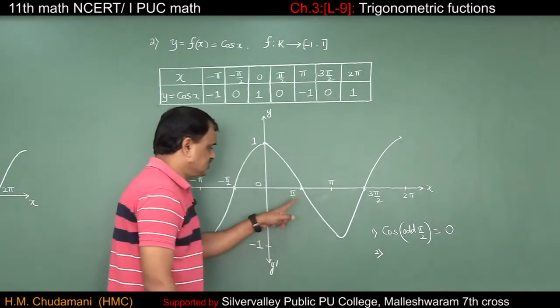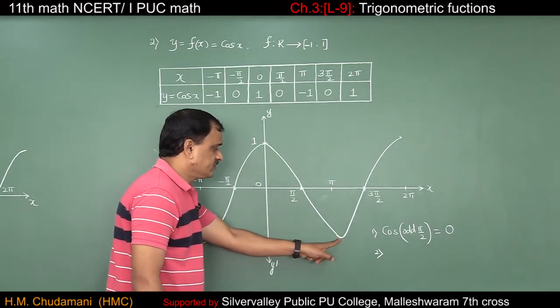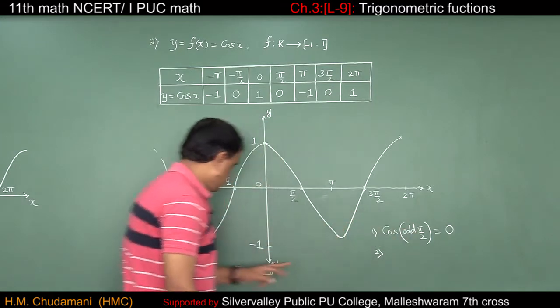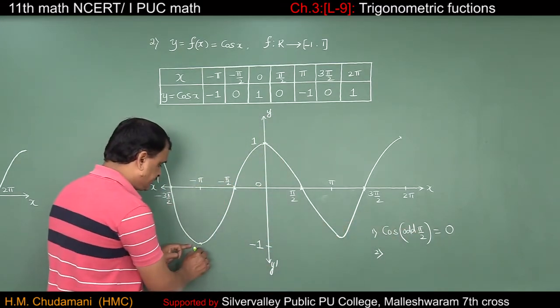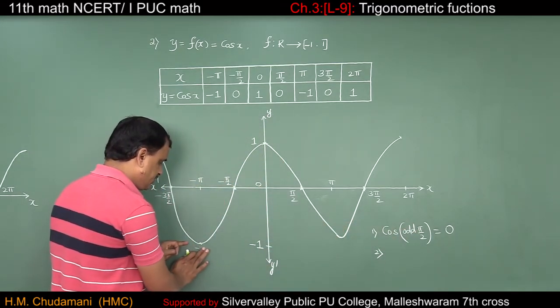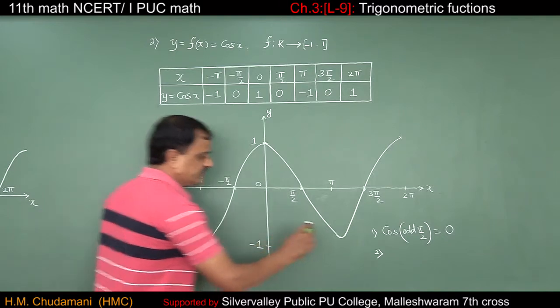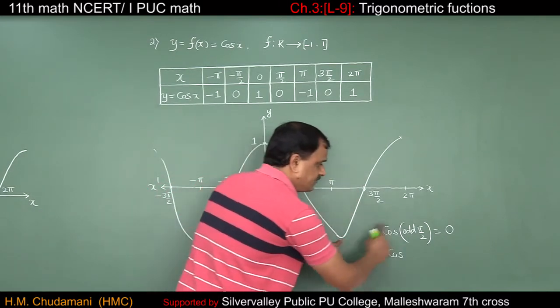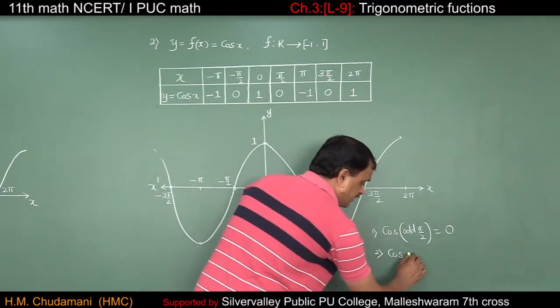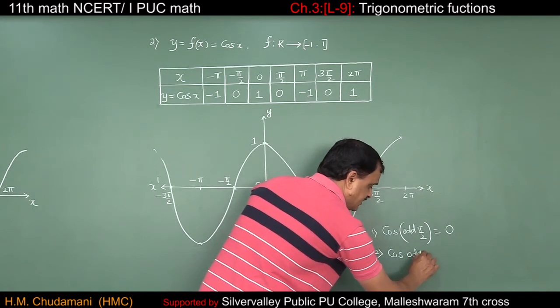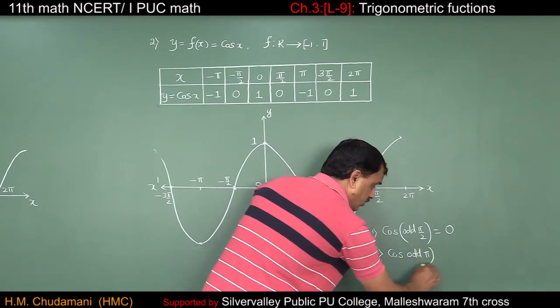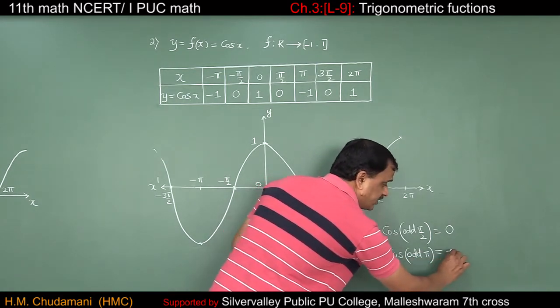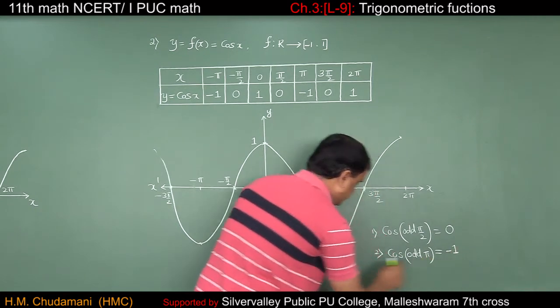Next, look at pi, then 3 pi, and minus pi here only. So that means cos of 1 pi, 3 pi, 5 pi, that means odd pi, not pi by 2, will be below the x-axis, it is minus 1.